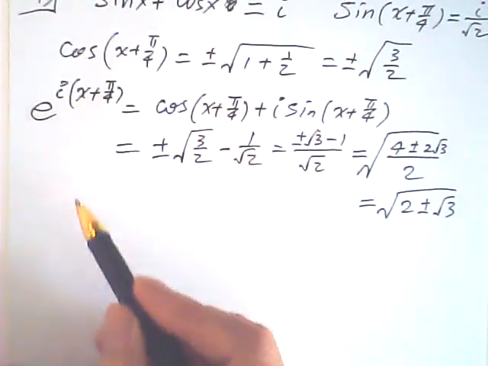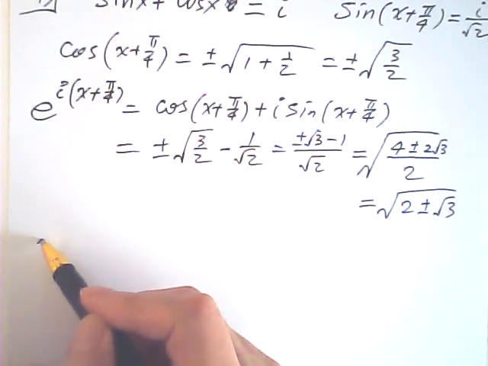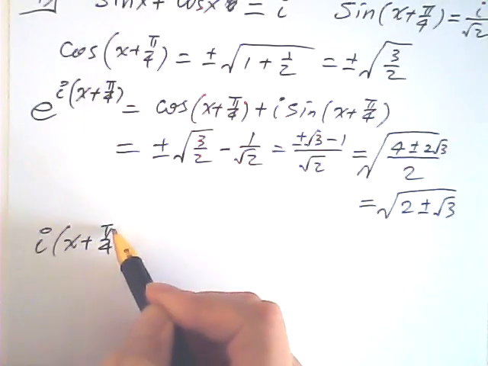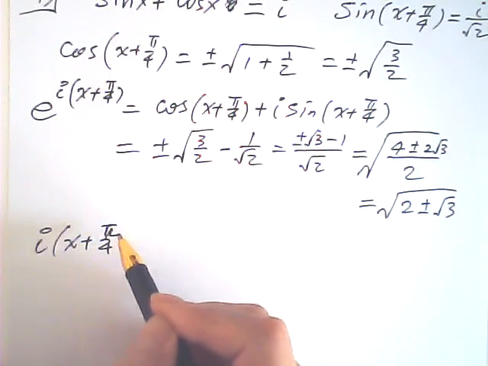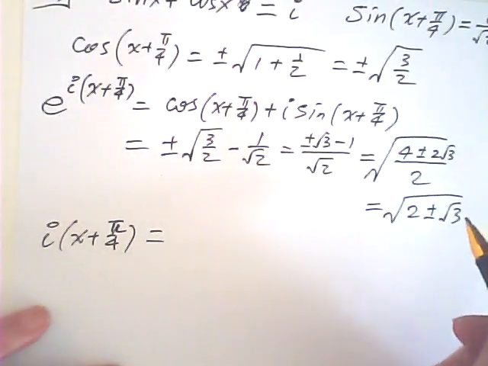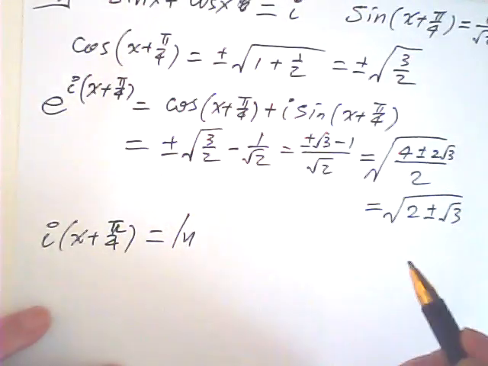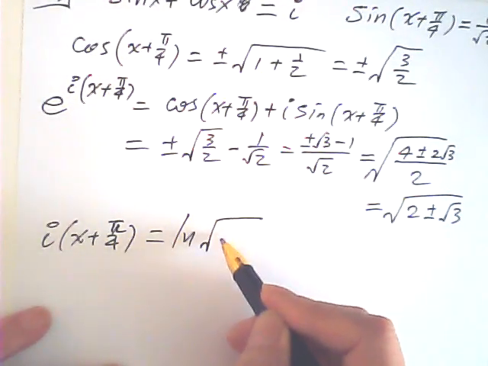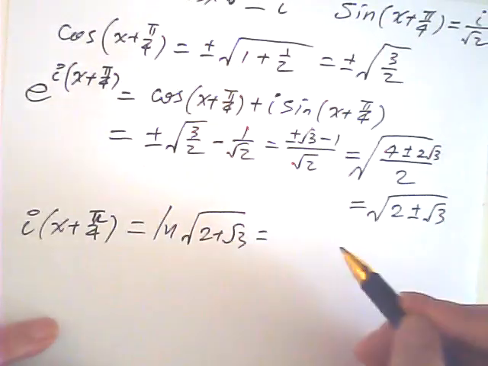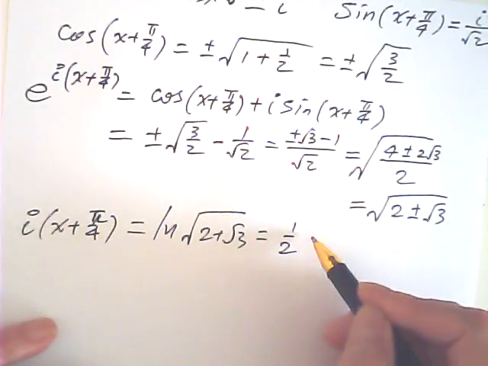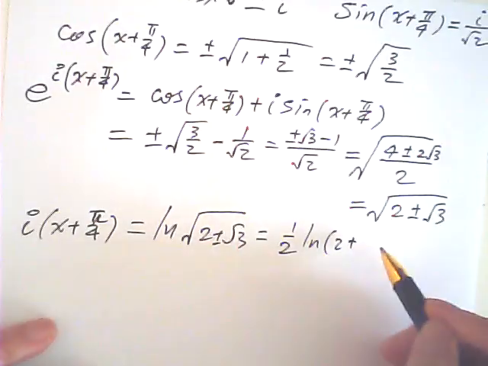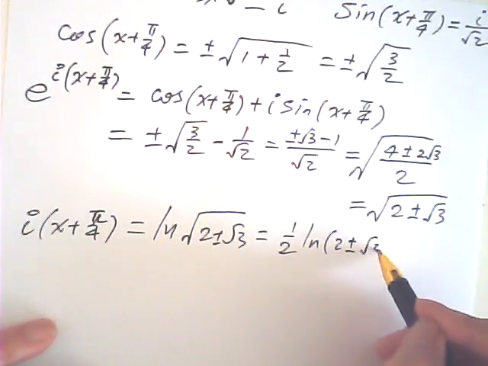All right, then my e to the i times x plus a quarter pi is equal to log of this, right? Is equal to log of 2 plus root 3. Wow, which is equal to 1/2 of a log of 2 plus.